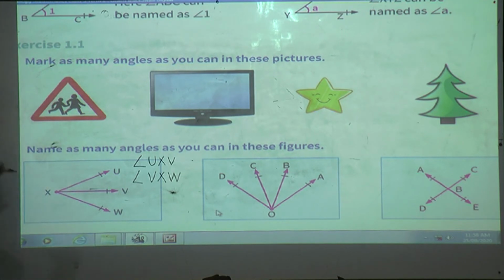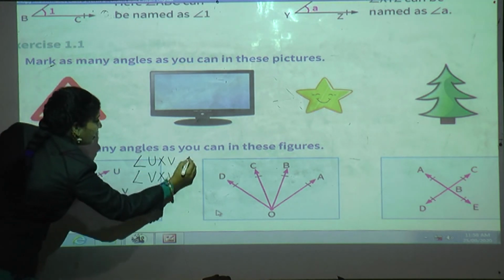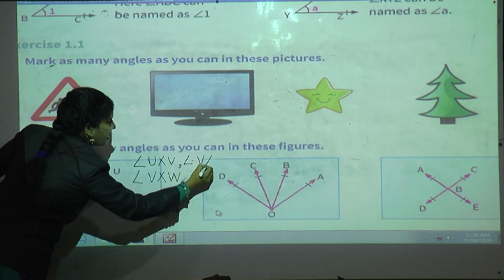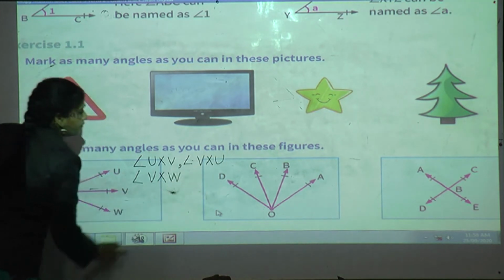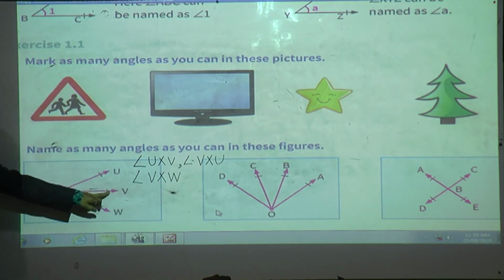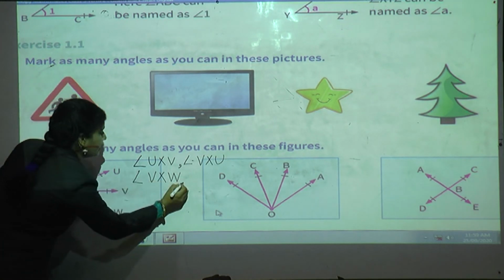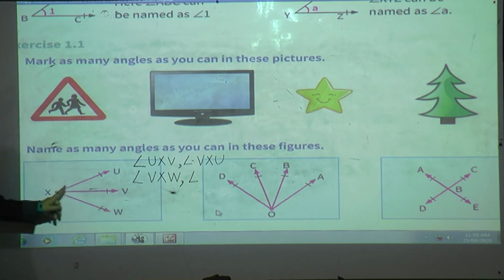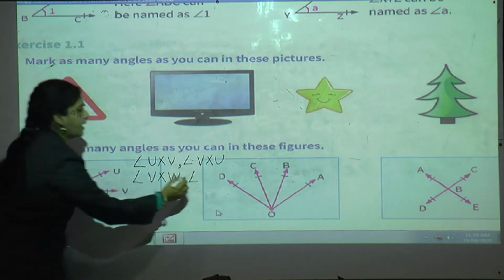Again, you can also write angle VXU, and this you can write angle WXV.